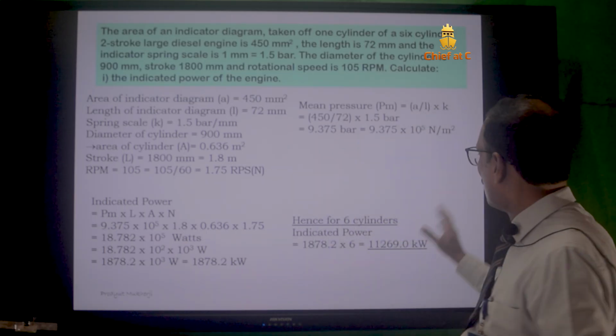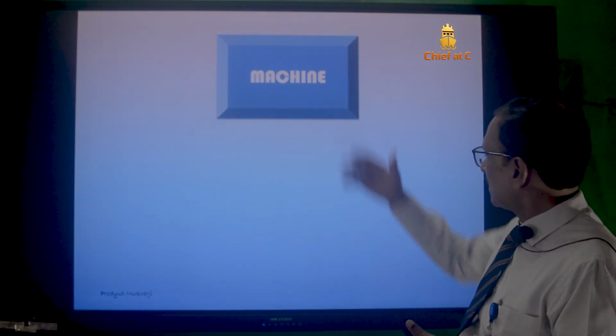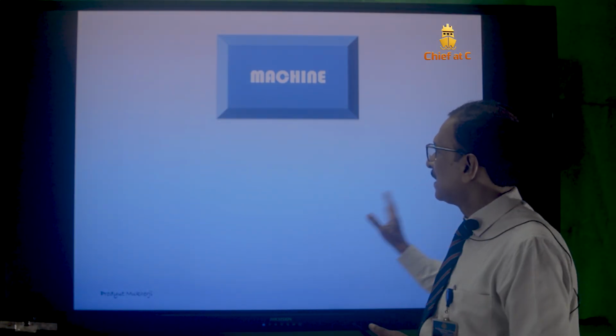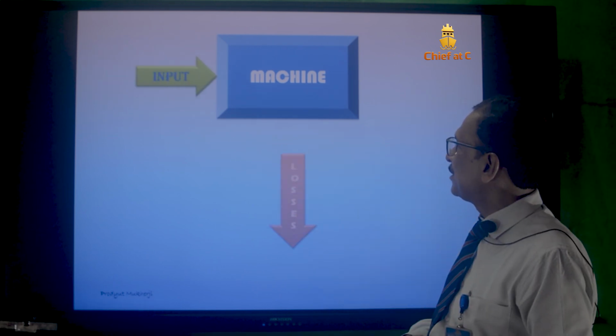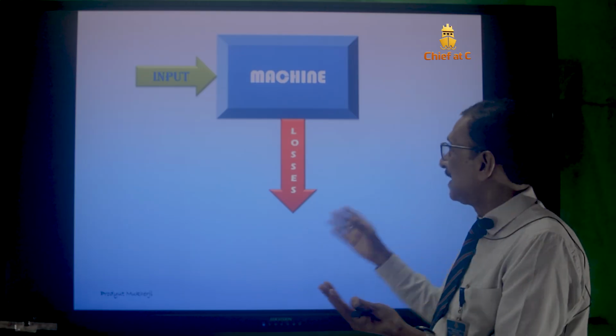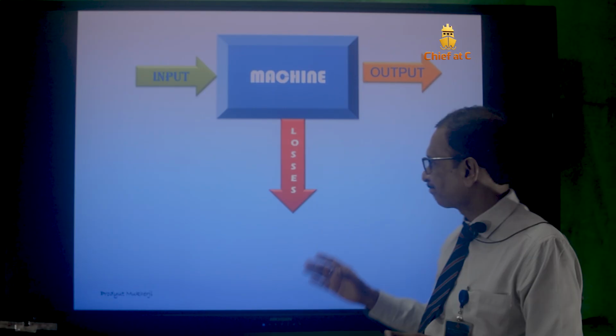Now let us move on to more powers in the system. Let us see a machine. Every machine has got an input, every machine has got some losses, and after the losses there will be an output from the machine.